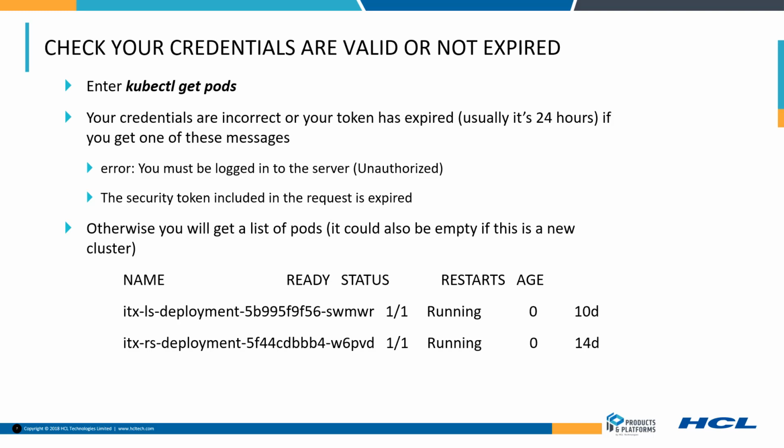Return to the previous two slides to see instructions on getting a new one from AWS. If the command returns some information, it will list all the pods which have been installed in your cluster. It is possible the list is empty if no pod has been installed.